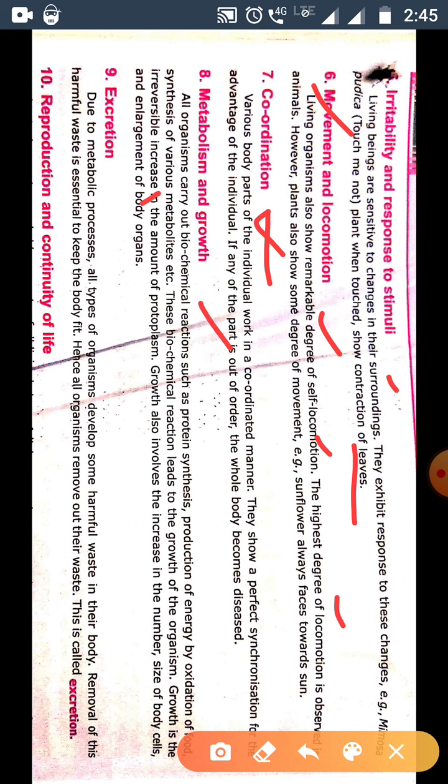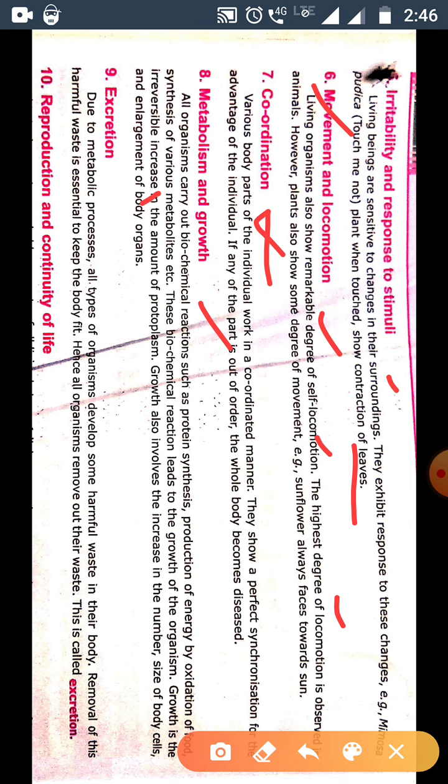Next is metabolism and growth. All living organisms carry out biochemical reactions such as protein synthesis, production of energy by oxidation of food, synthesis of secondary metabolites, etc. The living beings eat food that is compulsory for life.